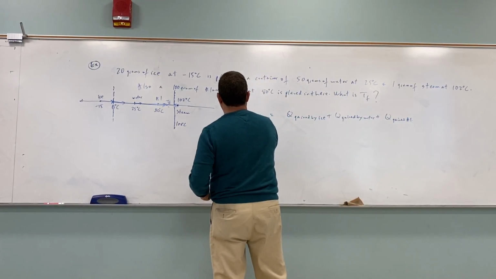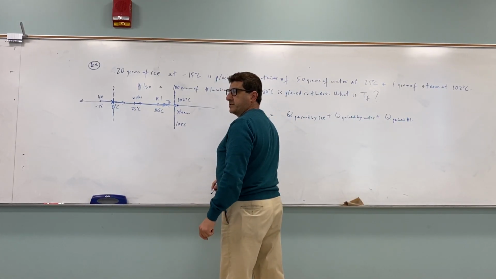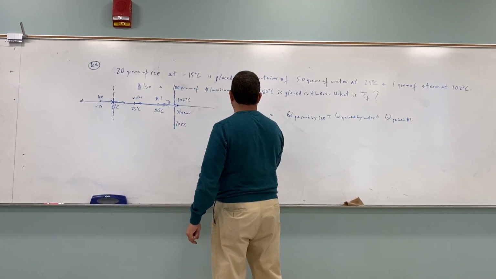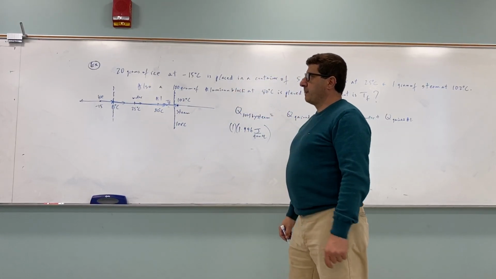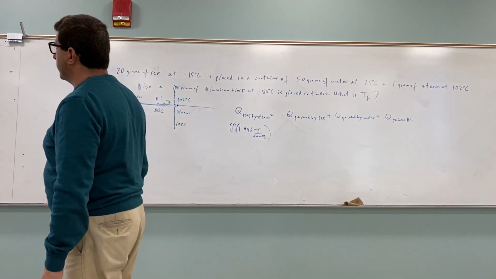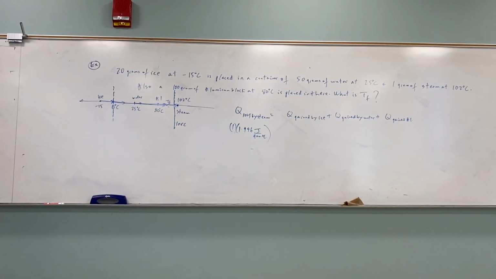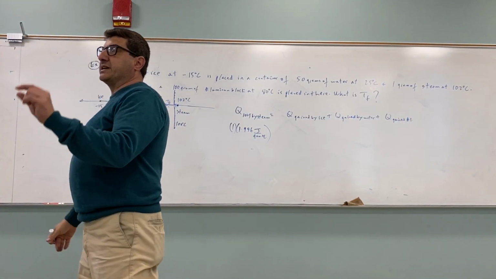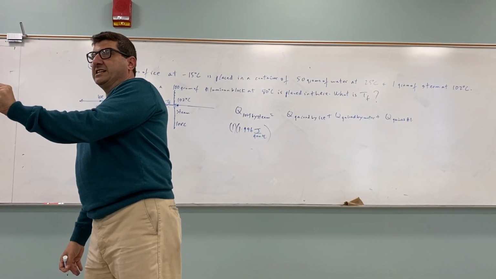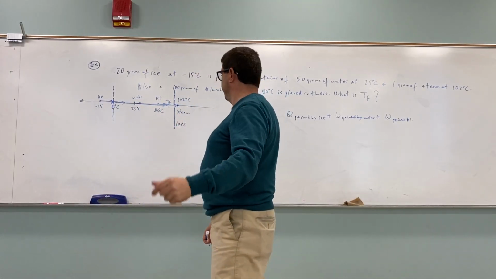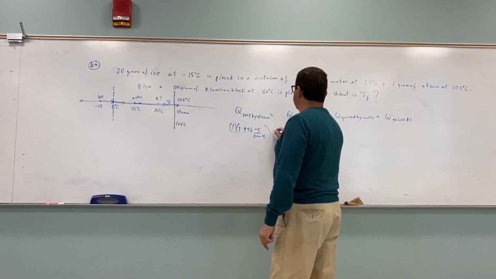So, 1 gram of steam times the specific heat of steam, 1.996 joules per gram Celsius. Here they put kilojoules per kilogram, but it's the same thing as joules per gram. Kelvin or Celsius is the same because it's the difference of temperature, and a dT in Celsius is the same as in Kelvin. Times what?